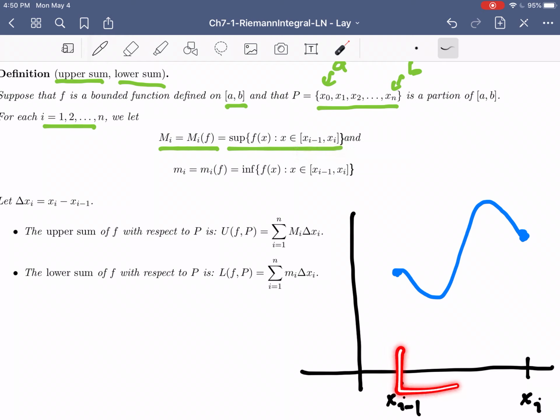So for this subinterval, we want to identify the supremum out of all of the function values, right? So what is the least upper bound when we consider all of the function values on this subinterval? And so we see we have a greatest value right up here, and so wherever that happens to be, that value right there, that would be our least upper bound, right?